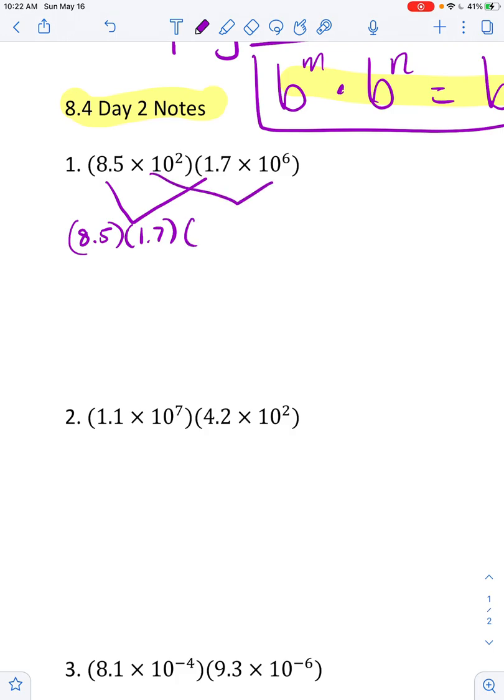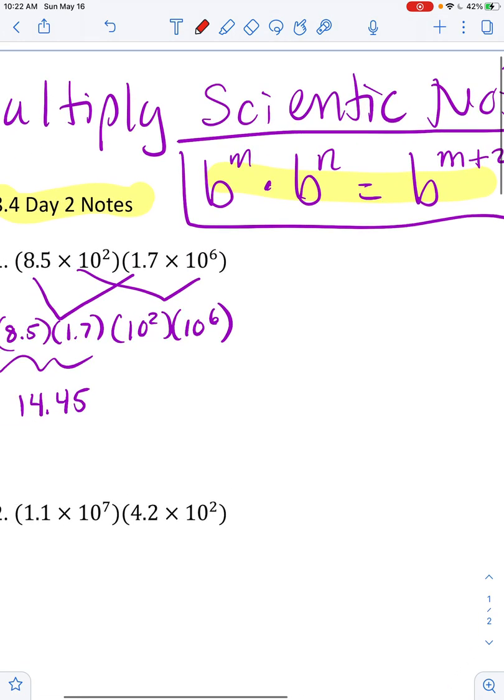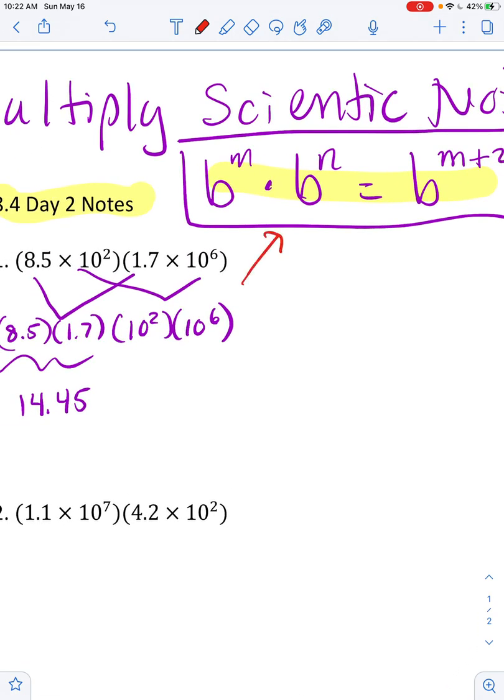Then I'm going to multiply 10 to the second times 10 to the sixth. According to my calculator, 8.5 times 1.7 gets me 14.45.